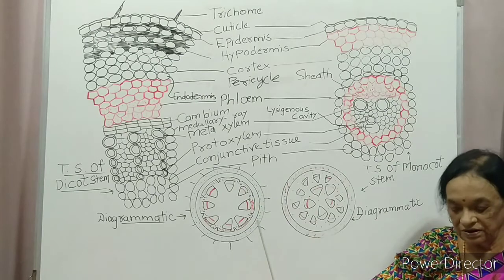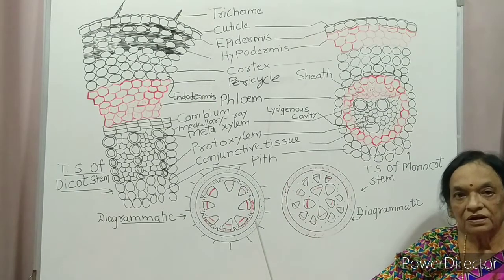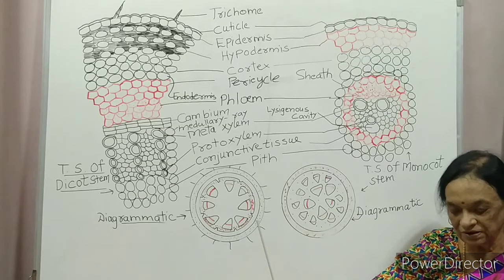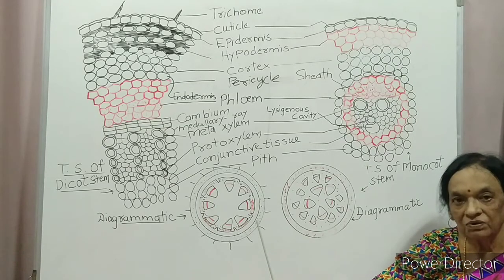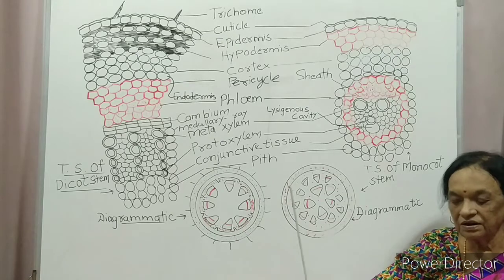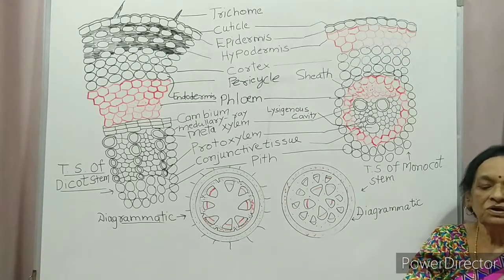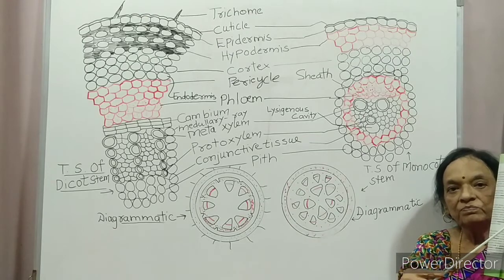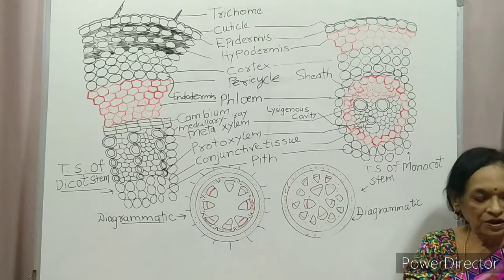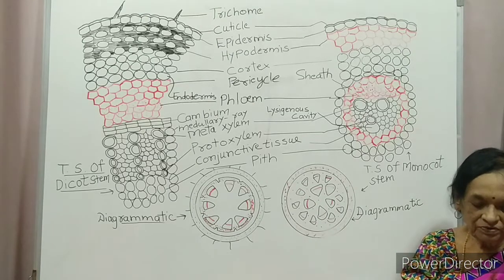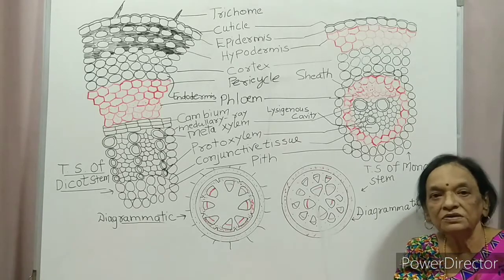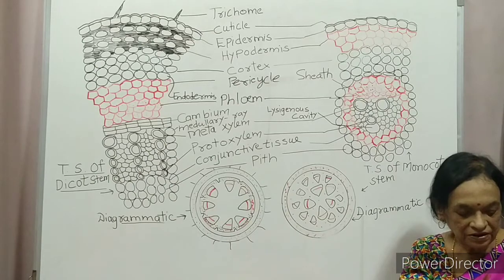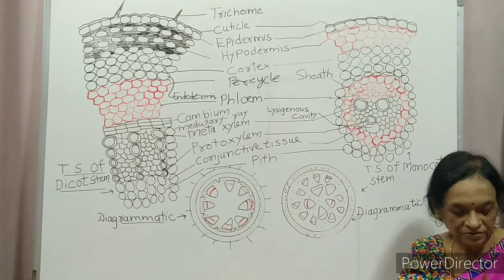In certain regions, phellogen cuts off closely arranged parenchymatous cells on the outer side instead of cork cells. Look into the diagram. At certain regions, the phellogen cuts off parenchymatous cells instead of cork cells.